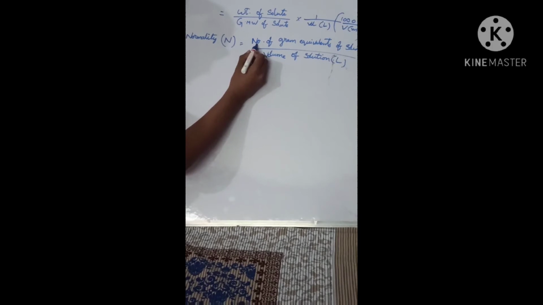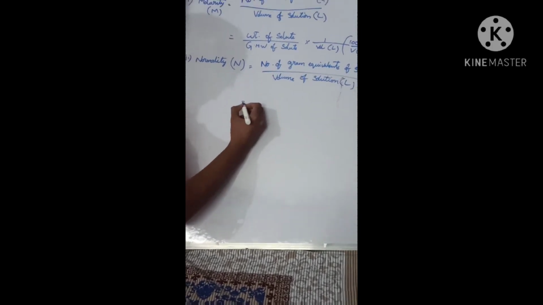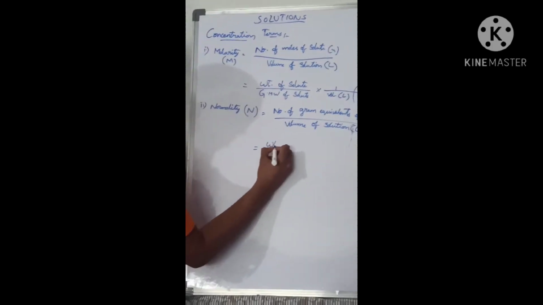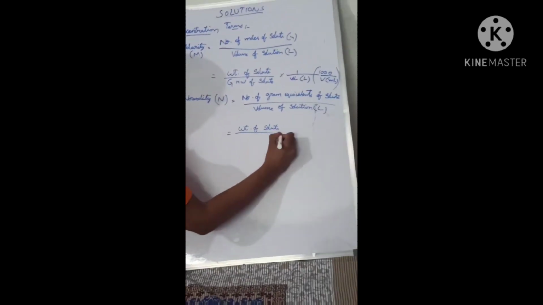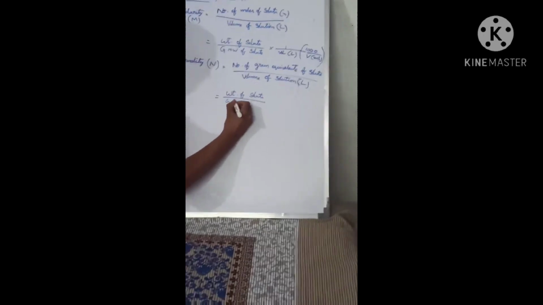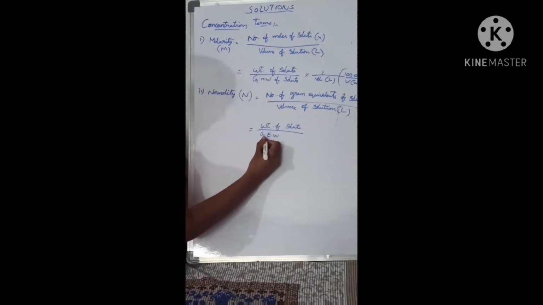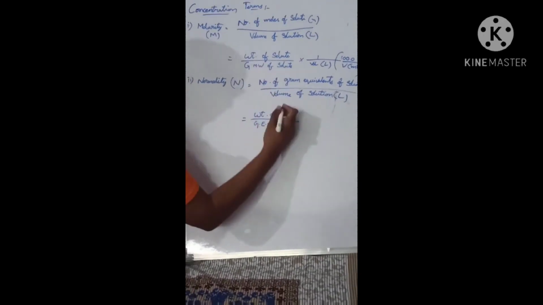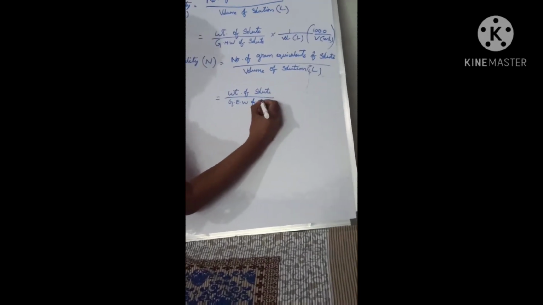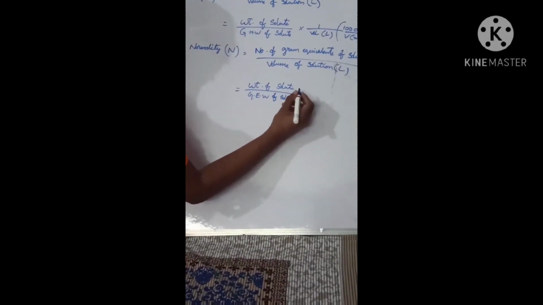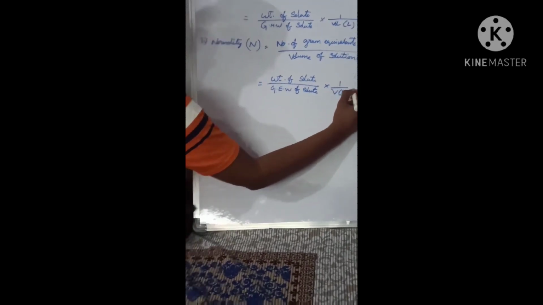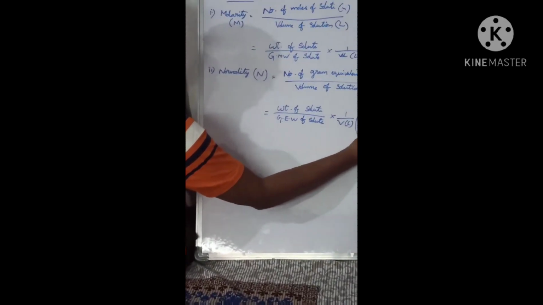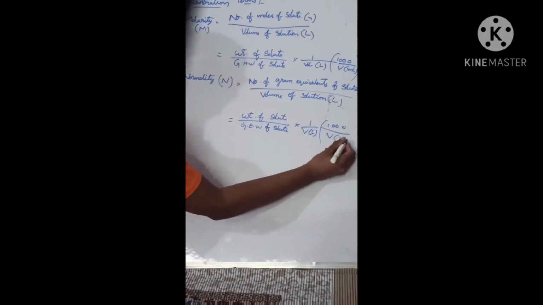We can write the number of gram equivalents of solute like this: weight of solute by gram equivalent weight of solute, into 1 by volume in liters, or 1000 by volume in milliliters.